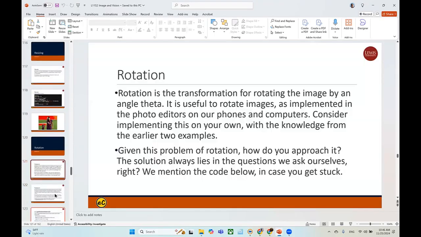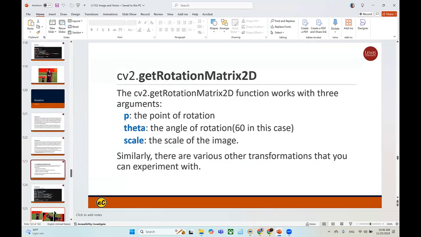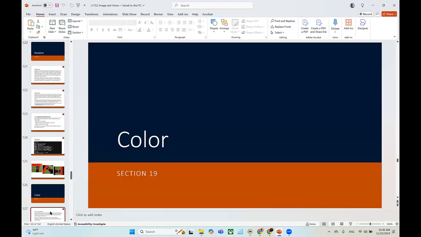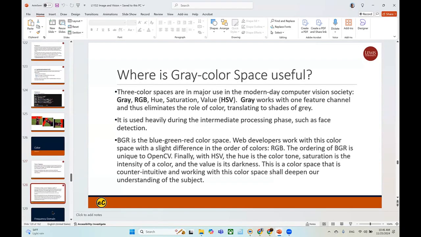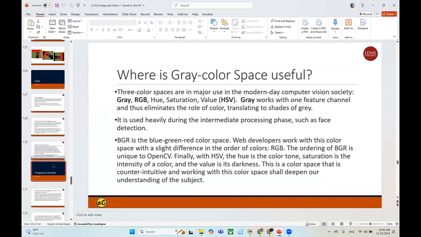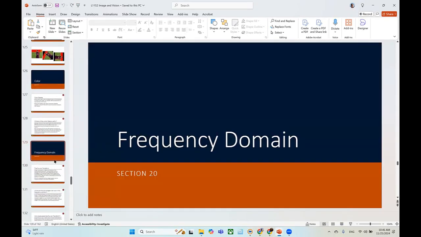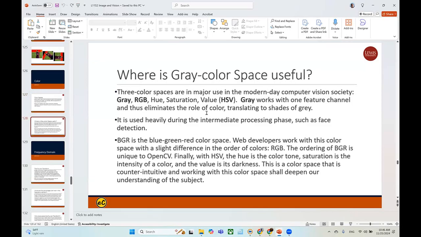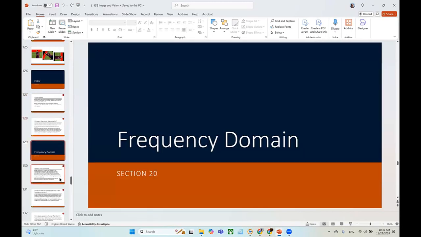And then rotation, to rotate the image to get a different angle. And then we deal with color space, using the conversion from RGB to gray level.